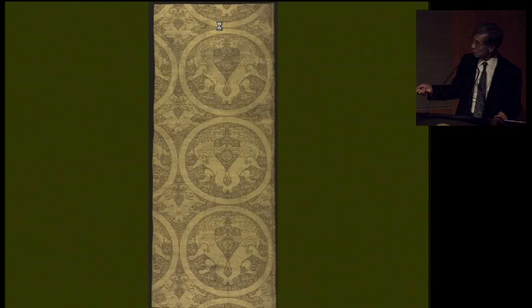So these are the patterns they would produce, but on the background of Chinese clouds.